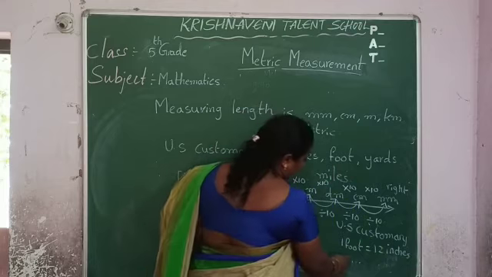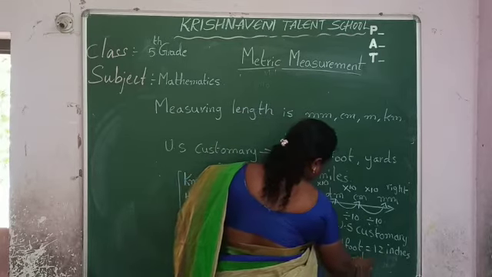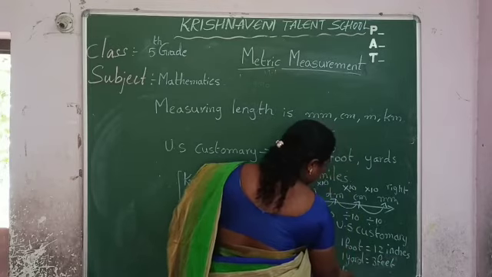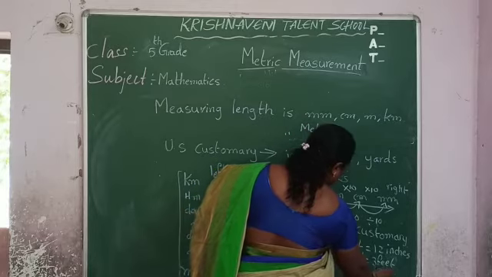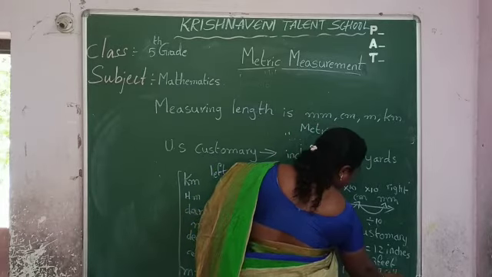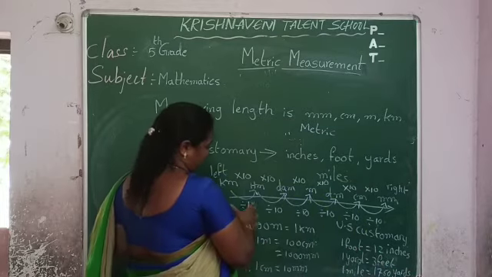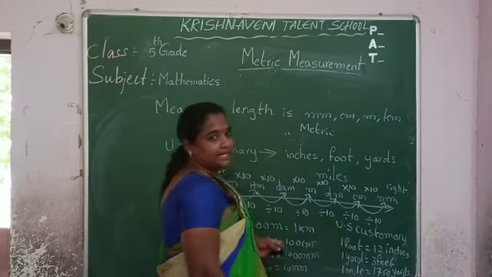Again 1 yard is equal to 3 feet. Next 1 mile is equal to 1760 yards.